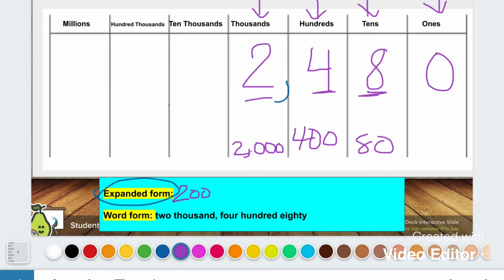Let's go ahead and write that number in expanded form next to the word that says expanded form. You'll notice Ms. Turner left spaces. What am I going to put in between all 3 of those numbers? That's right, addition symbols. Do you remember why?